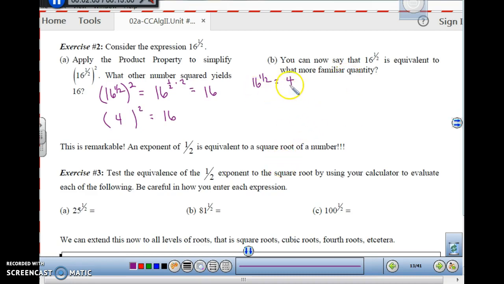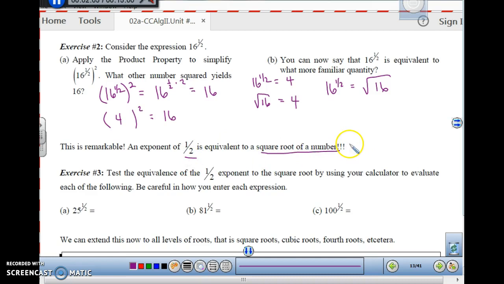Well, how does the 16 relate to the 4? 16 to the 1/2 power would actually be the square root of 16, which is equal to 4. So 16 to the 1/2 is equivalent to saying the square root of 16. So an exponent of 1/2 is equivalent to the square root of a number.